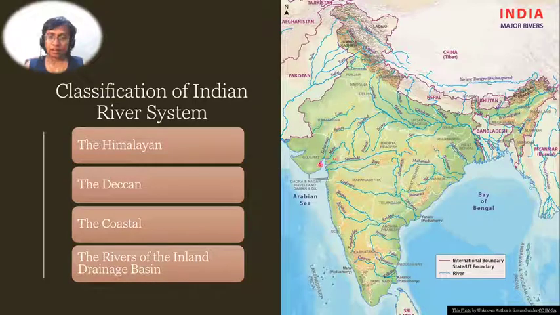Then third, the rivers found in the coastal belt, and the rivers of the inland drainage basin. That is the rivers that flow inland. They do not reach any particular sea. Those rivers are called the rivers of the inland drainage basin. Now let us look at each of these classifications in detail.